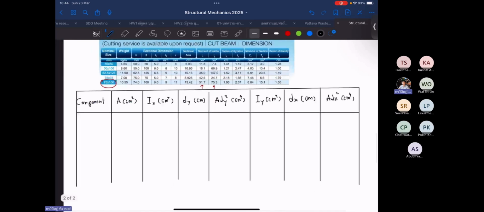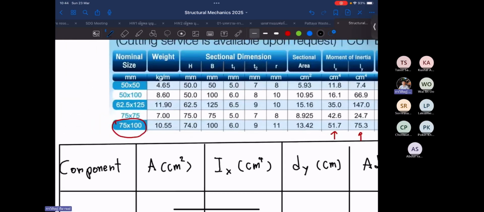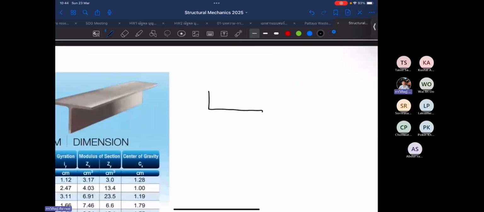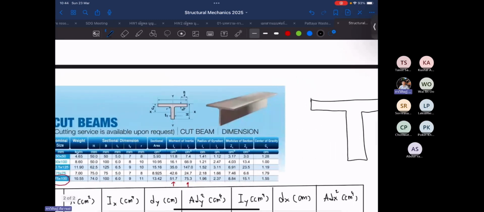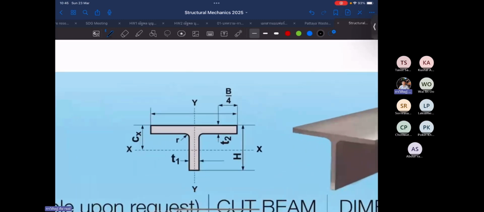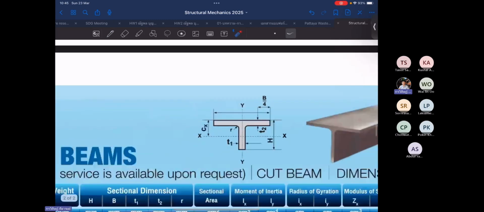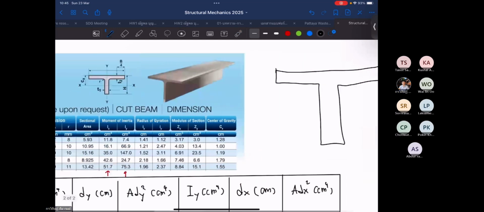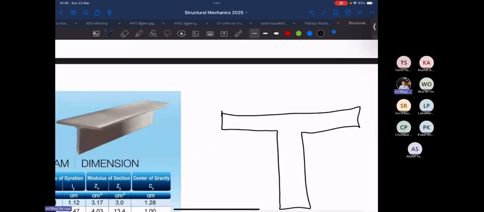Then let's determine this section, 75 by 100. I will draw this one again for clarity. Let's check the table. The width is b and the height is h. From the table, h is 100 millimeter and b is 74 millimeter, sorry, I have swapped.